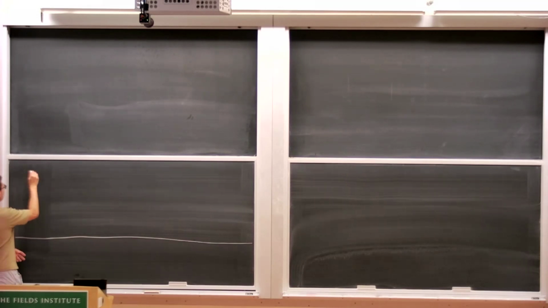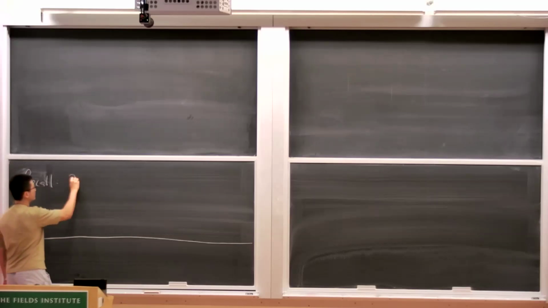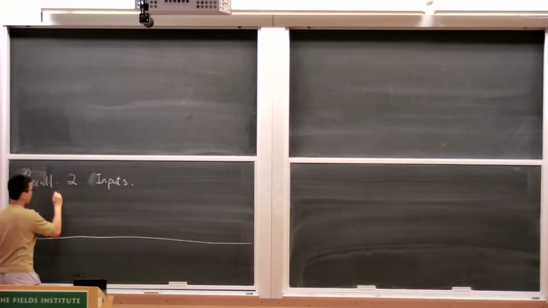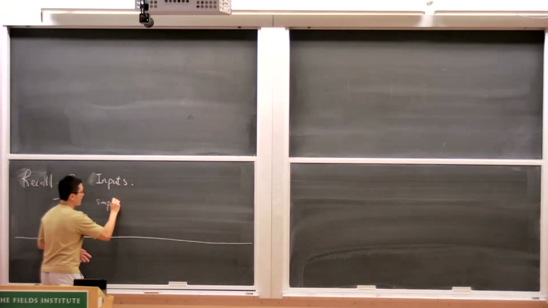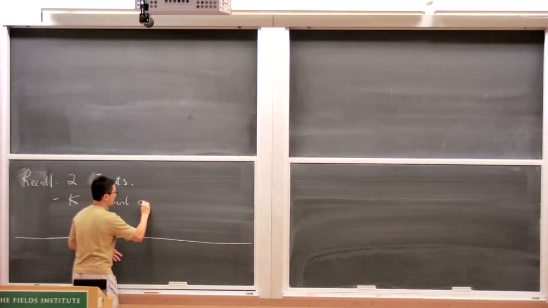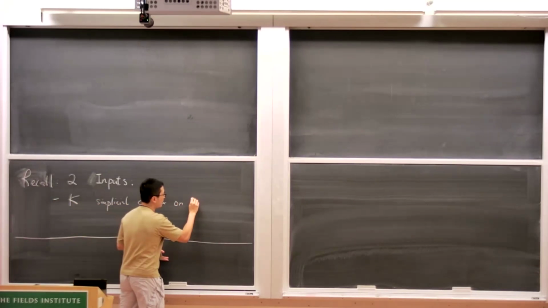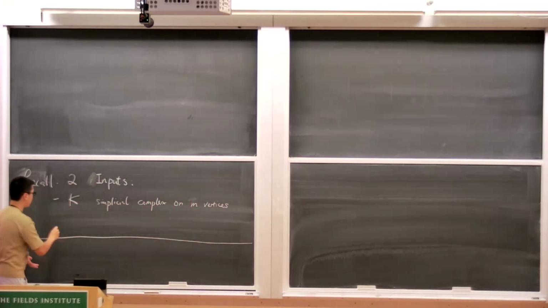So first of all, remember, when we define a polyhedral product, we need two inputs. The first one is a simplicial complex K on n points that encodes all the combinatorial information on how we glue things together to construct a polyhedral product.